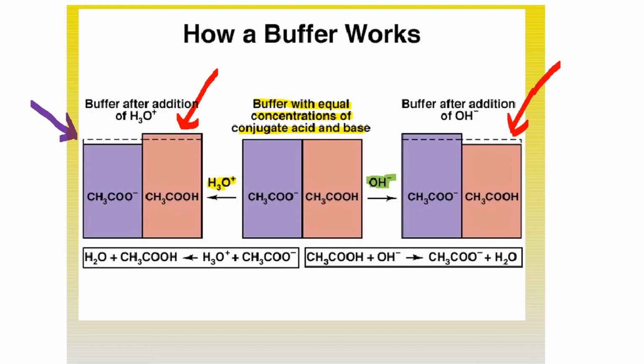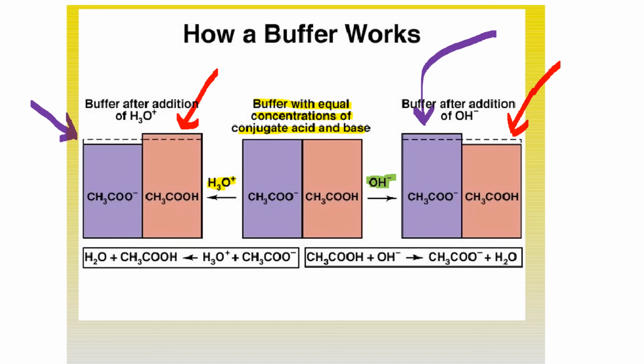The weak acid, that amount diminished because what happened to it? It acted as a sponge soaking up that hydroxide ion. In the process of soaking up that hydroxide ion, what happened? That weak acid got converted to a weak base. You can see the amount of that purple weak base going up as you go to the right.